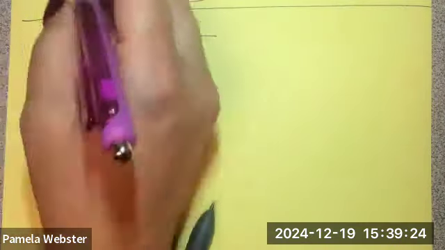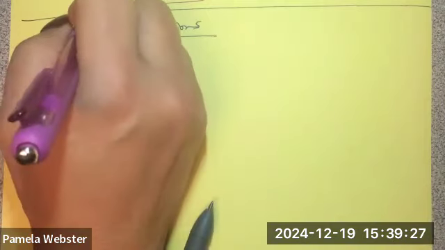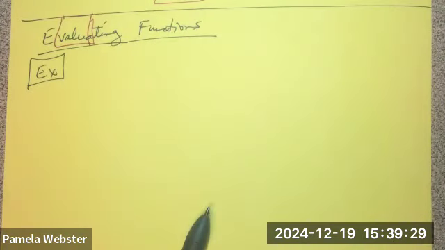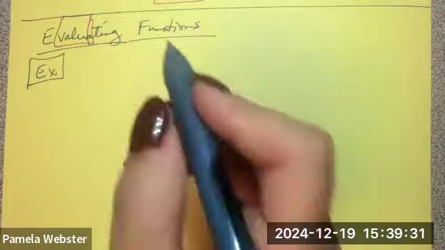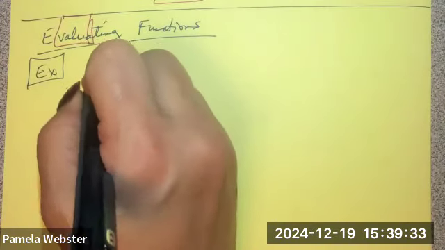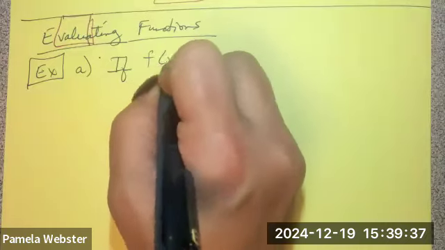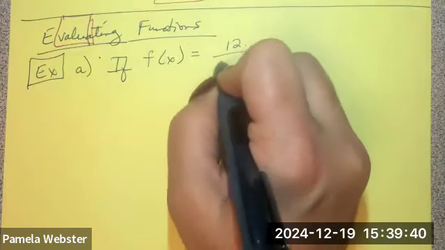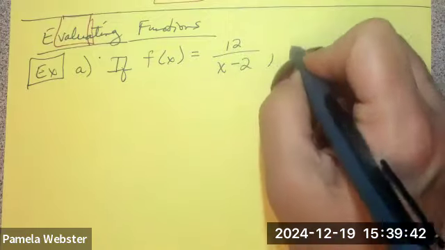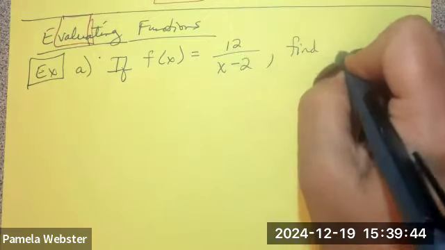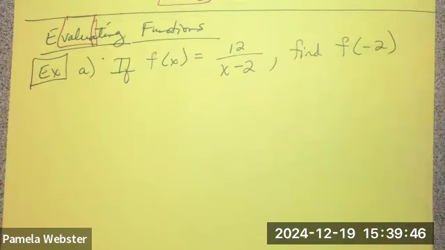So see that word value. Okay, we want to value whenever we plug something into this. So it'll say something like, here we go. Part A, if f of x equals 12 over x minus 2, find f of negative 2.